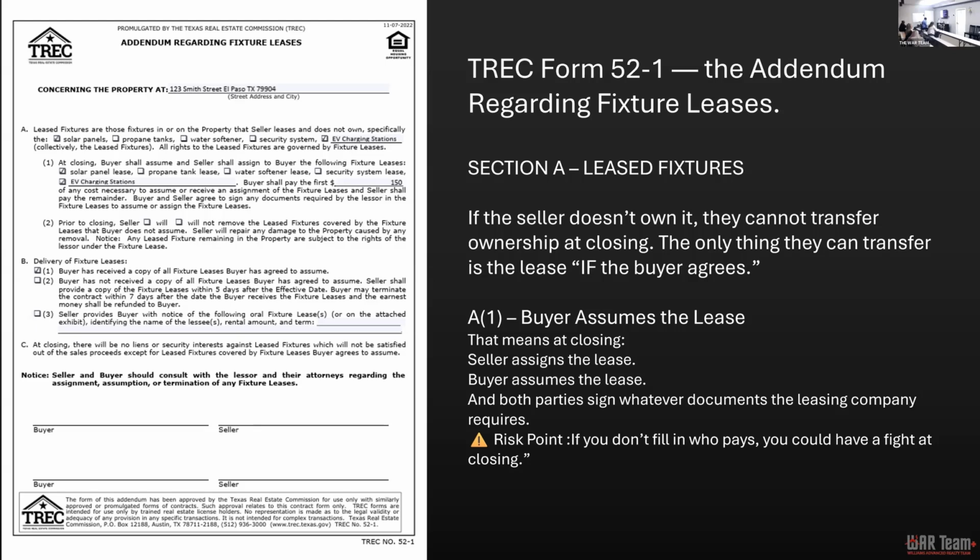Yes. So, just want to be clear. The buyer is going to assume the lease, and the company may provide a fee. So let's say solar panel company A. They may have a transfer or assumption fee for this buyer to take it over, to assume it.